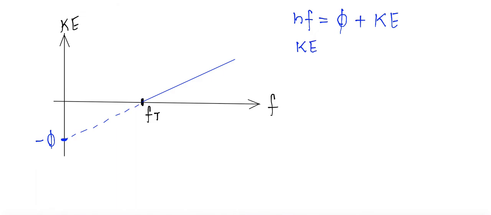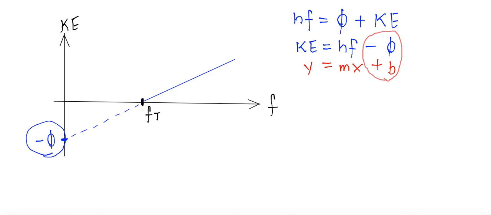Kinetic energy, our dependent variable, is equal to hf minus phi, which is a straight line function, y equals mx plus b. So let's look. Our negative work function, negative phi, is y-intercept. So this is why we have phi here.